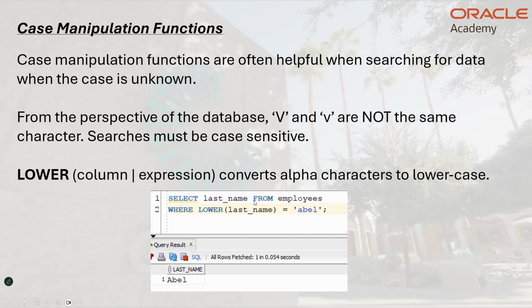So select last name from employees where lower of last name equals abel in lowercase, but it's stored in the database as uppercase ABEL. So if for some reason you're having a problem finding Abel because you're not entering it correctly, it doesn't matter how it's stored; if you just use that lower function, it will return the correct results.